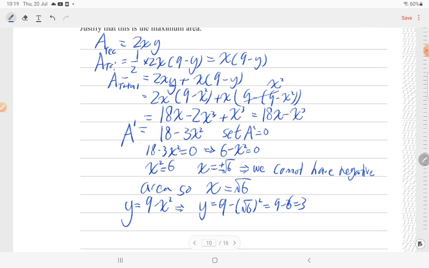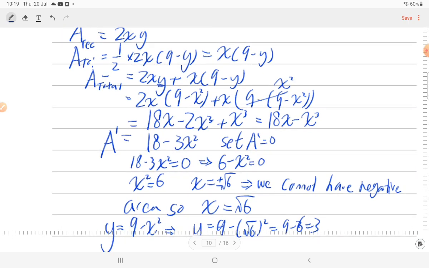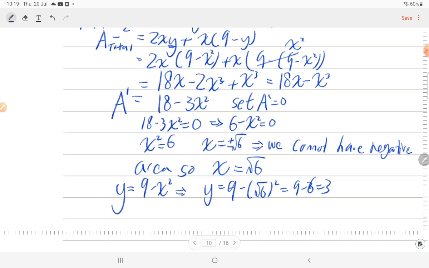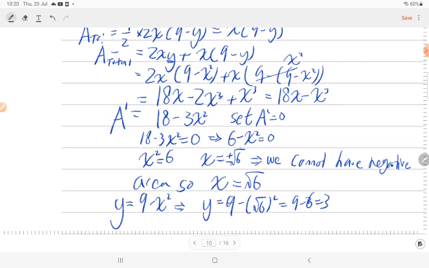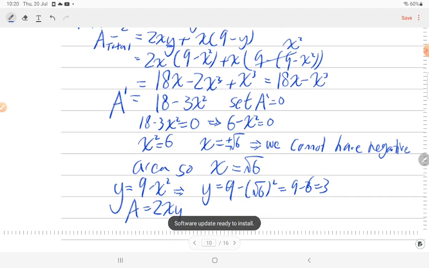So the total area is 2xy plus x times 9 take away y. We can plug these numbers in to get the total area. So area is equal to 2xy plus x times 9 take away y.